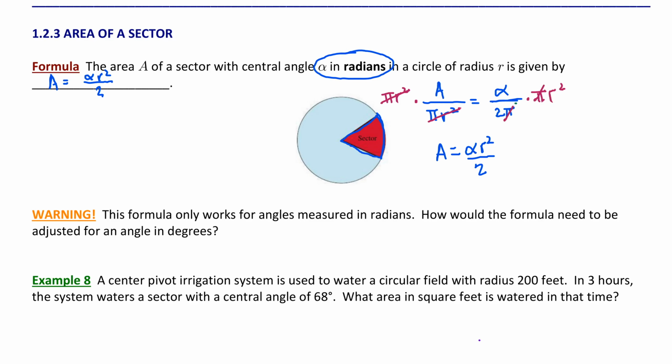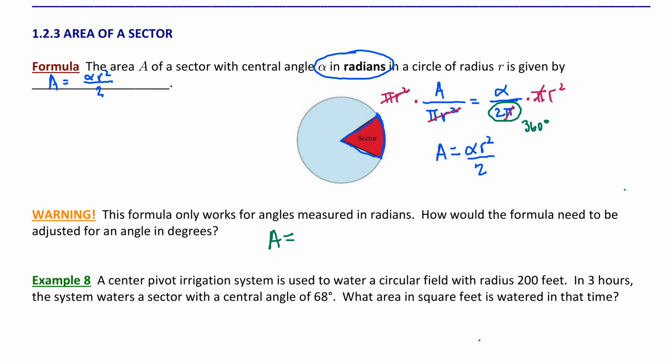We made that assumption right here using 2 pi for the angle for the entire circle. If we wanted to measure the angle in degrees, we would have to replace that 2 pi with 360 degrees. Ultimately, it would affect the way our formula works if the angle is given in degrees.